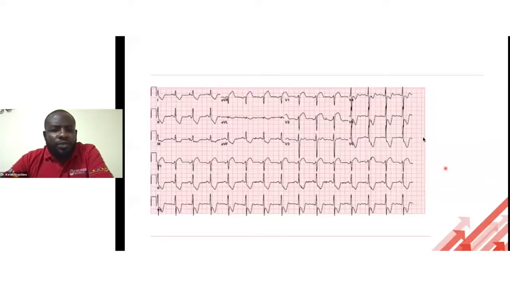Okay, and when you are looking at his ECG, you're seeing this. What are you guys seeing here? Is it ST elevations, is it ST depressions? Okay, patient is still complaining of pain.